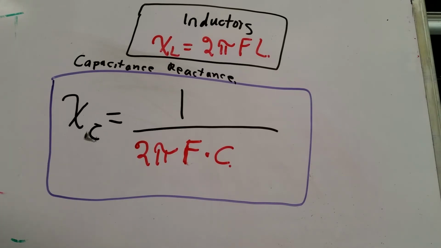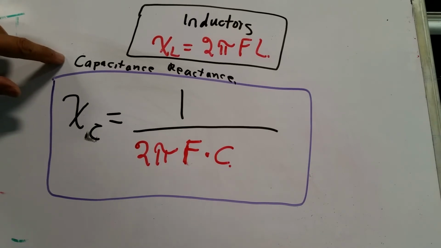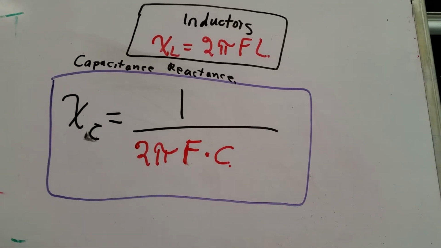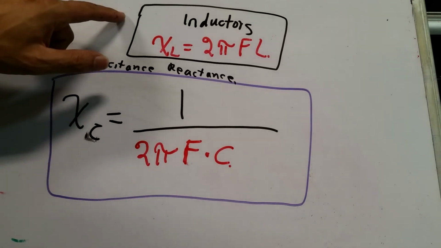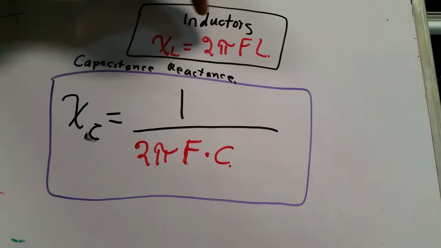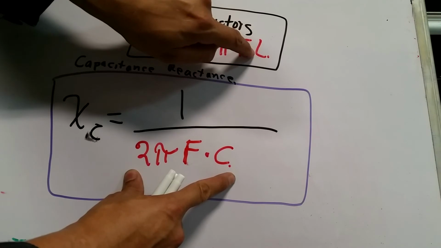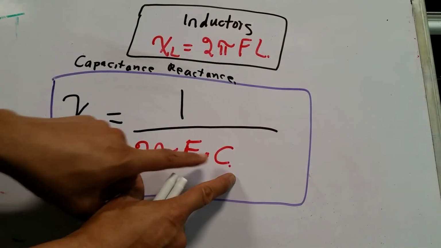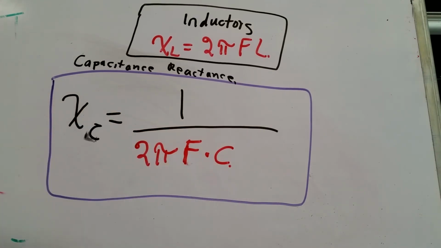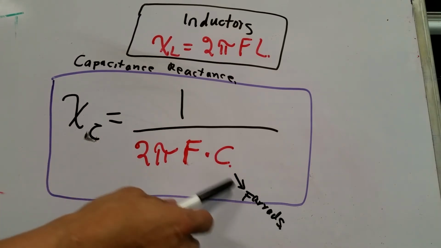Finally, we have to talk about capacitive reactance. That is the resistance that a capacitor offers to AC. For inductors, it was inductive reactance, and this was the formula. These parts look pretty much the same. It's just that for inductors, we use the L for henrys, and for capacitors, we use the C. The unit of measurement of capacitance is farads.